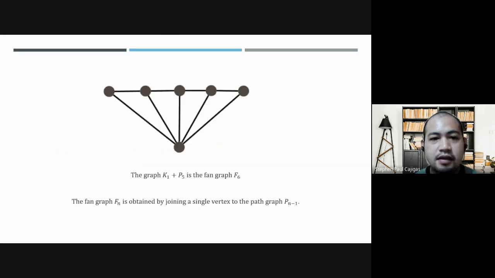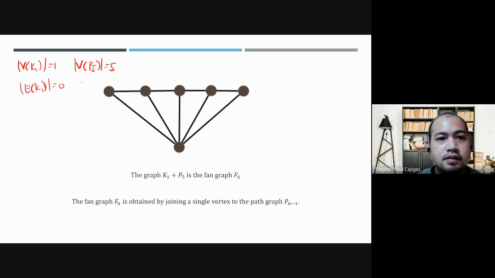Then we will make generalizations later. Sige, for the fan graph, K1 plus P5. The vertex of K1, of course, is 1. Vertex of P5 is 5. Edge set of K1 is 0.